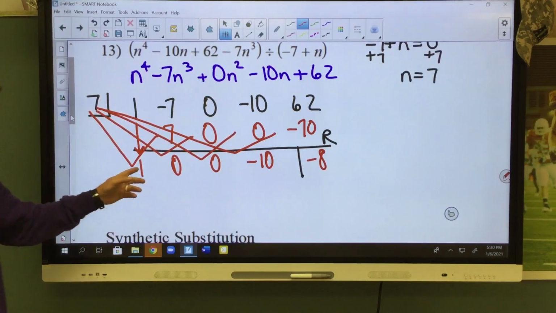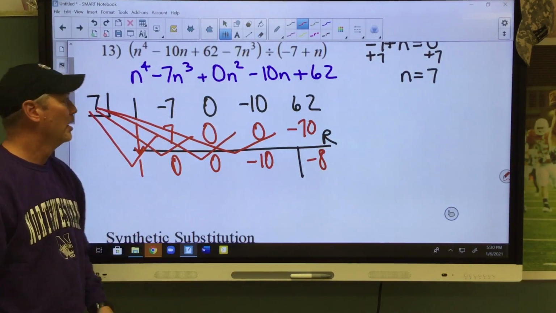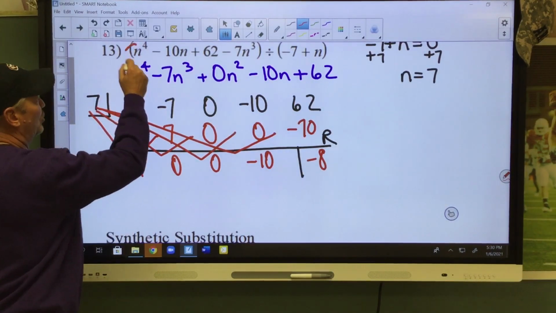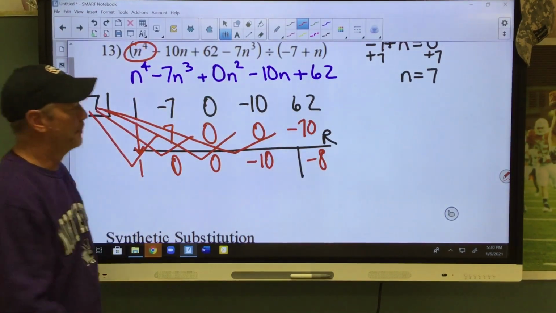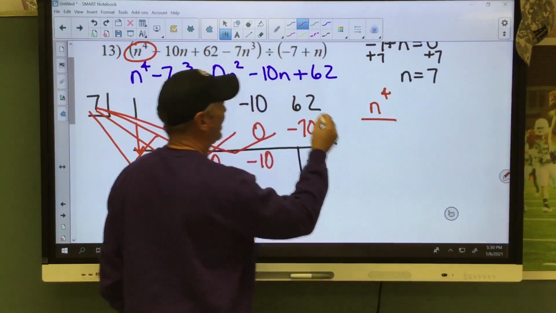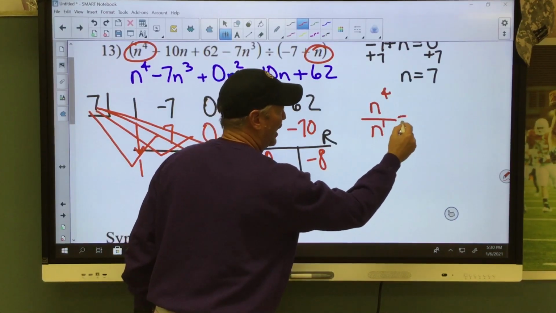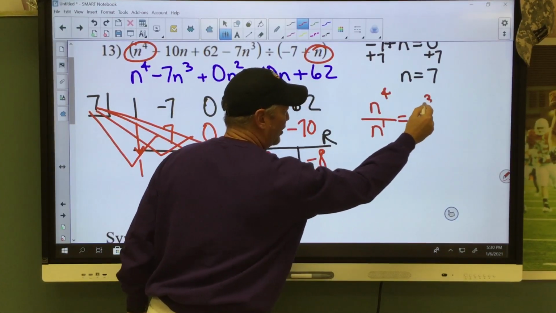Final answer. Well, we need to figure out what our variable is and the exponent. The original problem started with n to the 4th, and then we divided by n to the 1st. And that leaves us, when we reduce, n to the 3rd.